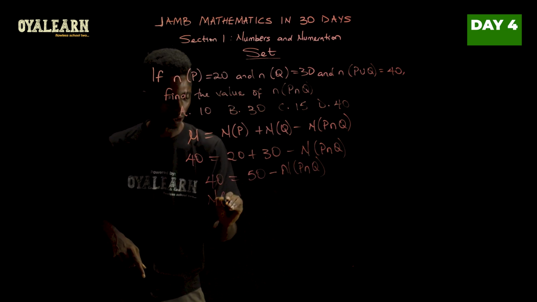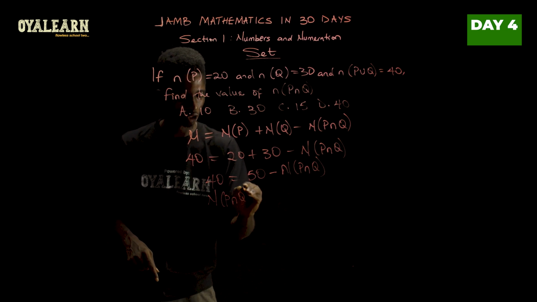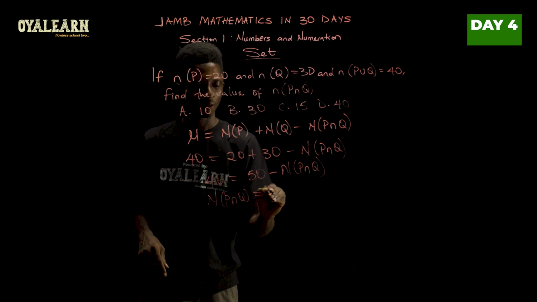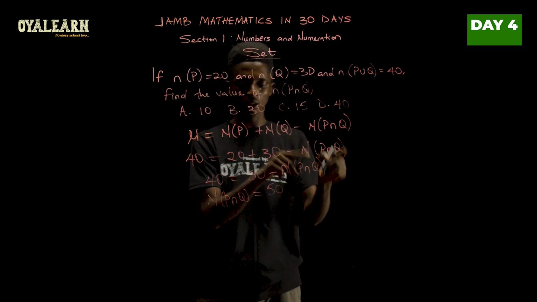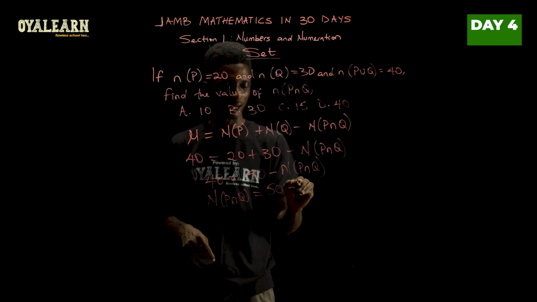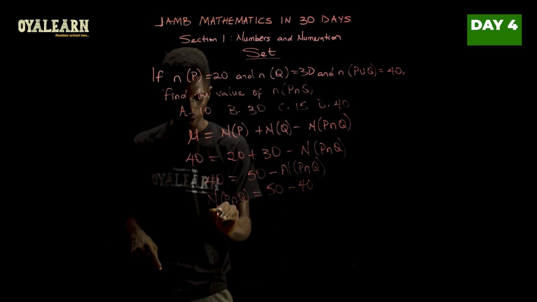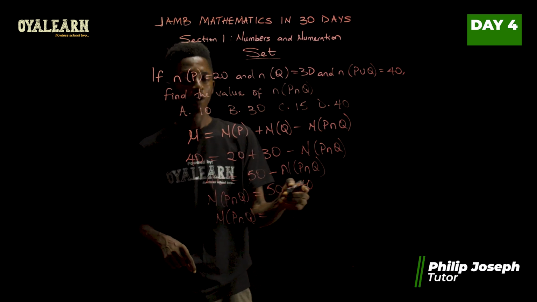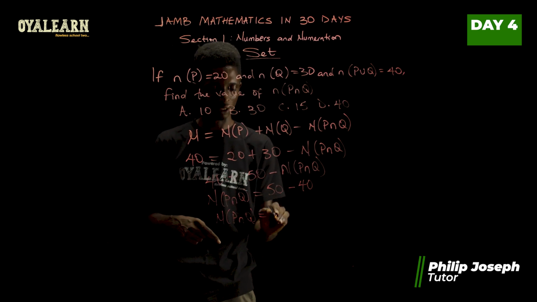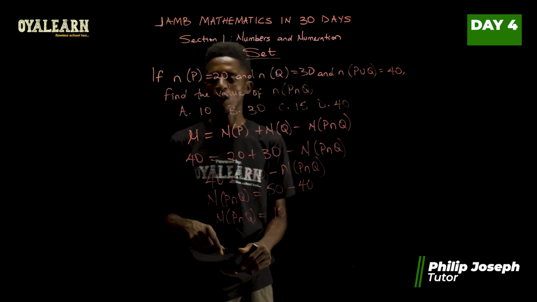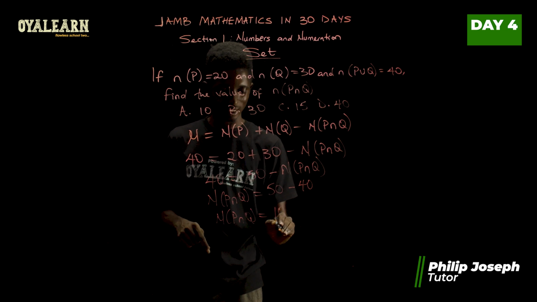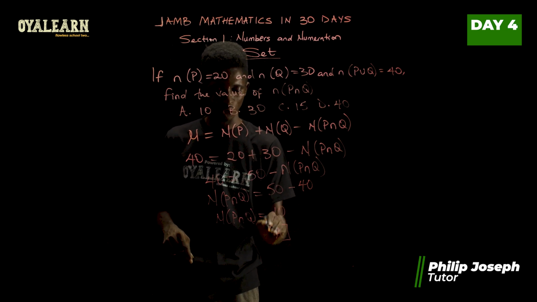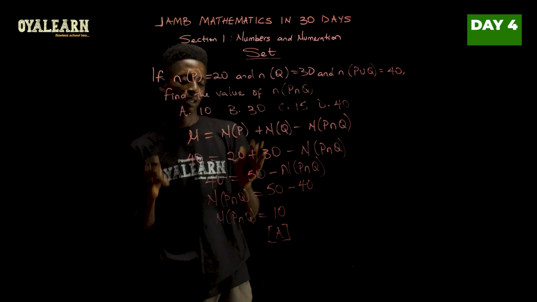So the number of P intersect Q would then be 50. Now, when plus 40 crosses the equality sign, it becomes minus 40. So the number of P intersect Q is therefore 50 minus 40, which gives us 10. And the option with 10 is A. So the correct answer is option A.